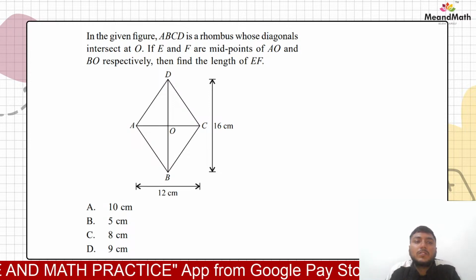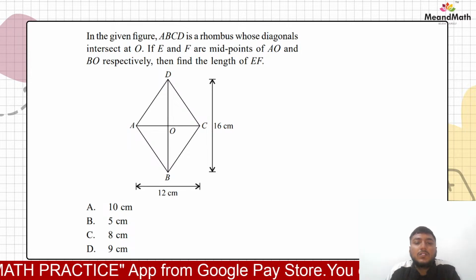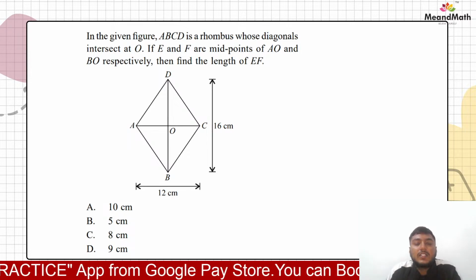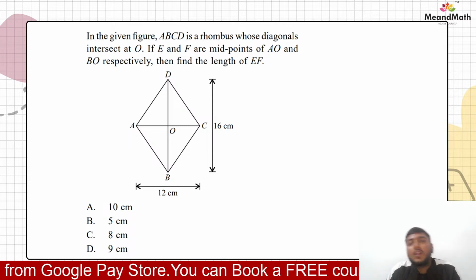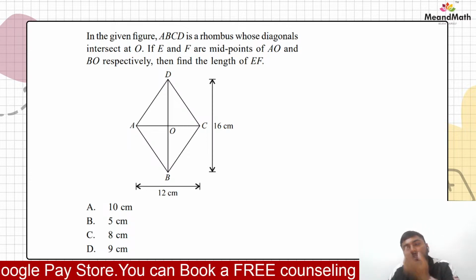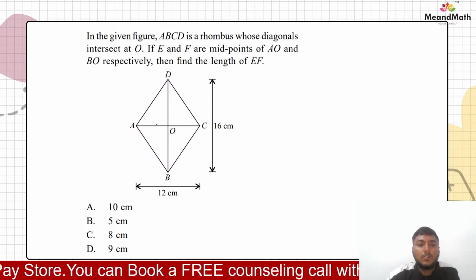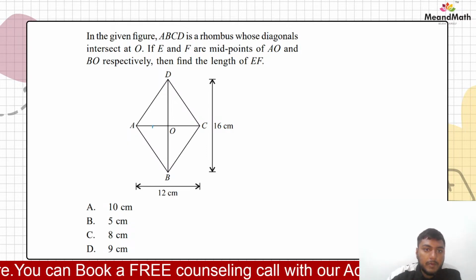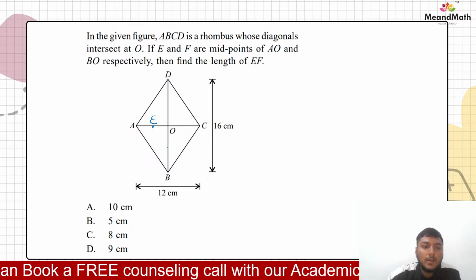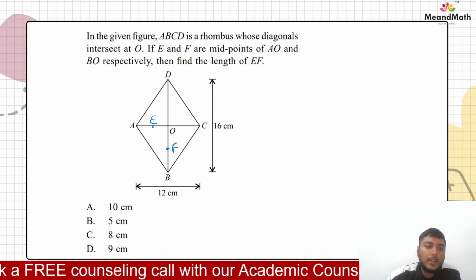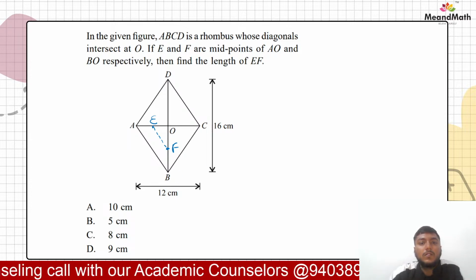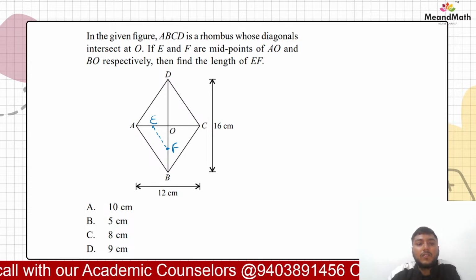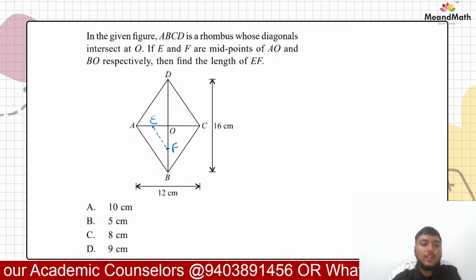ABCD is a rhombus whose diagonals intersect at O. E and F are midpoints of AO and BO. So the midpoint of AO is E, the midpoint of BO is F. We have to find the length of EF.